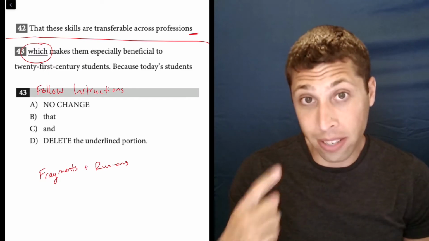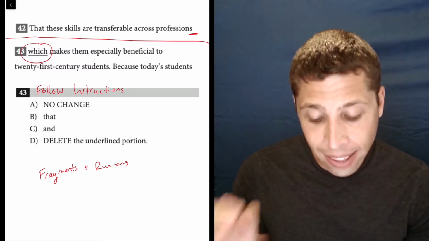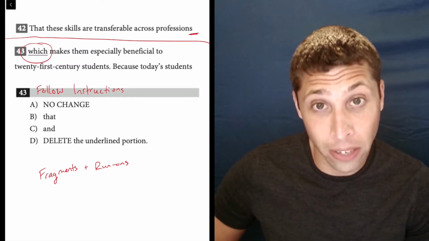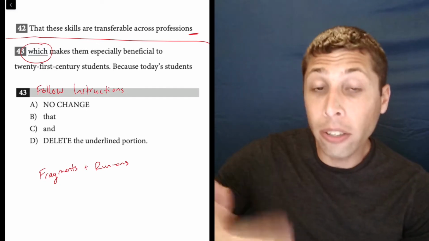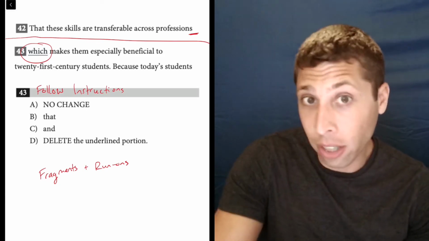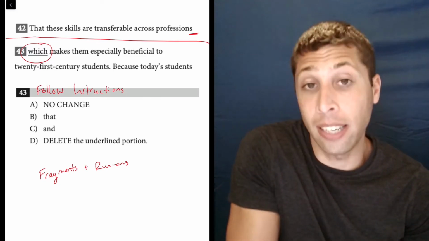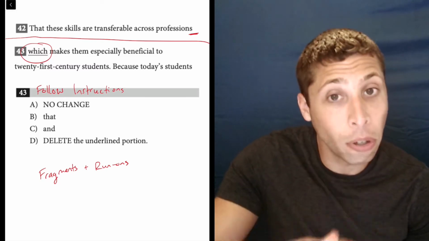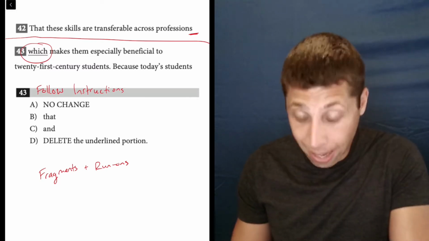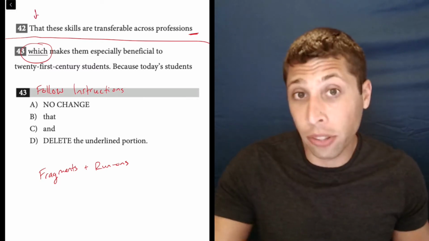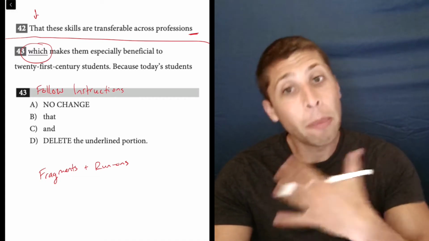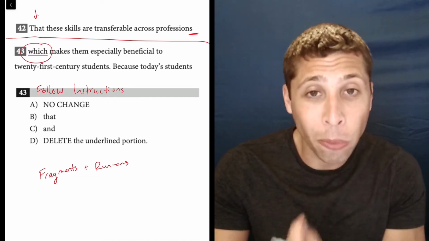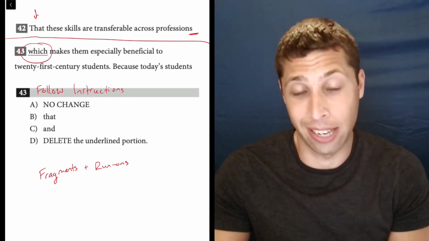This first part is not a full sentence. "That these skills are transferable across professions." It's a weird introduction, but it's an introduction nonetheless. It's bringing us into the sentence, but it's not delivering the full idea. The word "that" in particular is causing this problem. And because people don't read the full sentence, they miss that one word, and that one word is everything here.